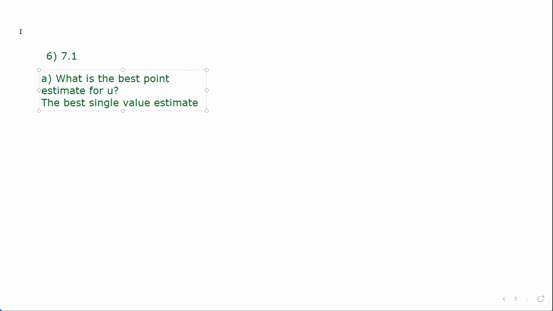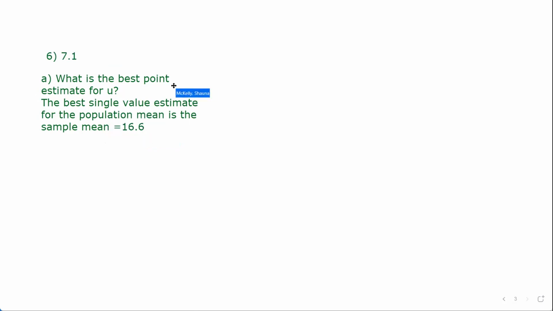The best single value estimate for the population mean is the sample mean, and we discussed earlier that that was 16.6. That's given. That's going to be the middle of your confidence interval formula.